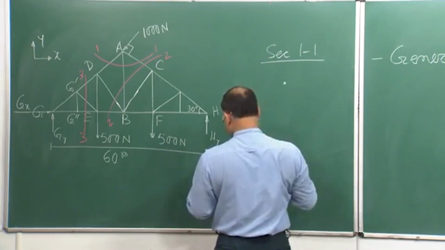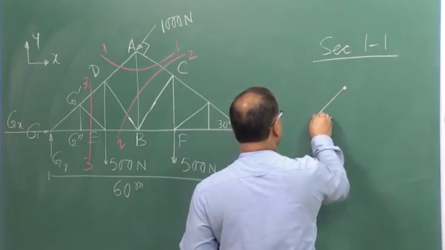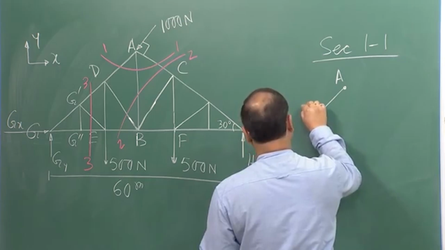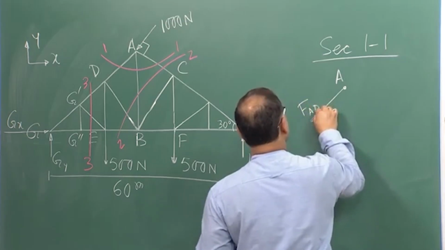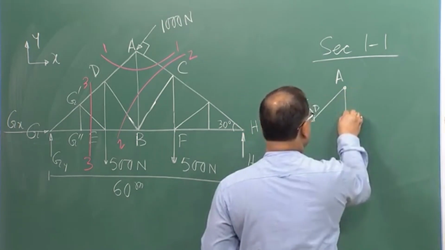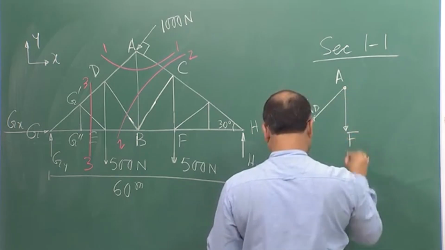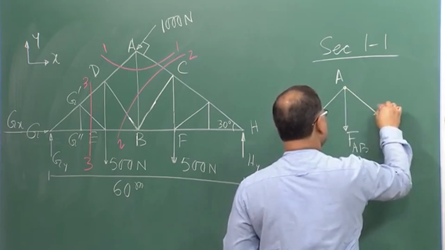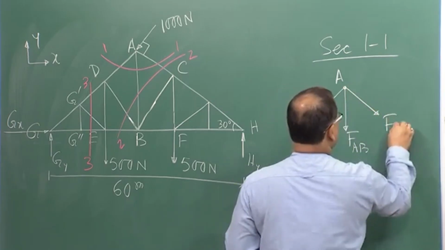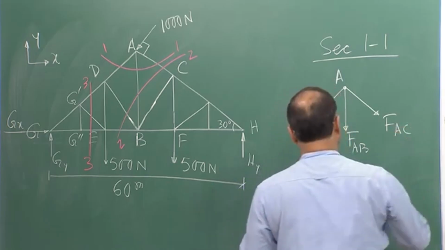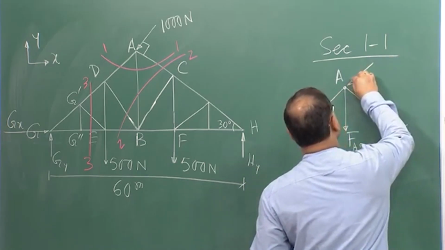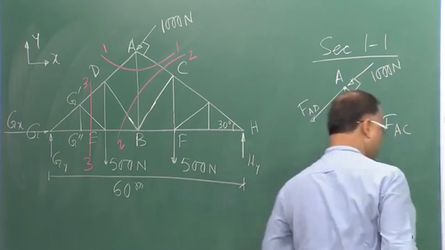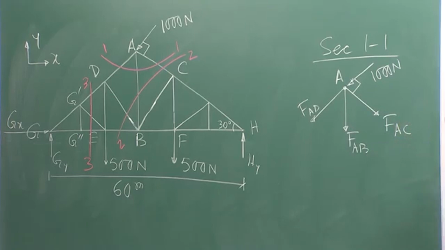This is joint A. At joint A, force FAD is acting, then FAB is acting, and FAC is acting, and the force 1000 Newton is acting perpendicular to the line AC.